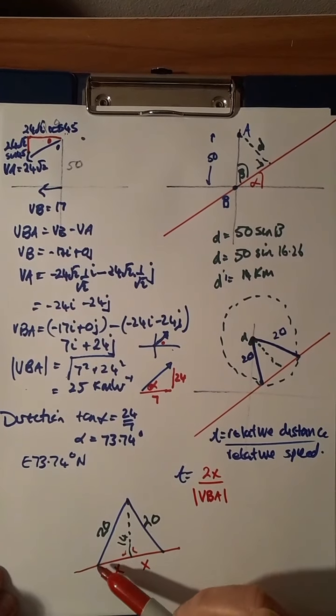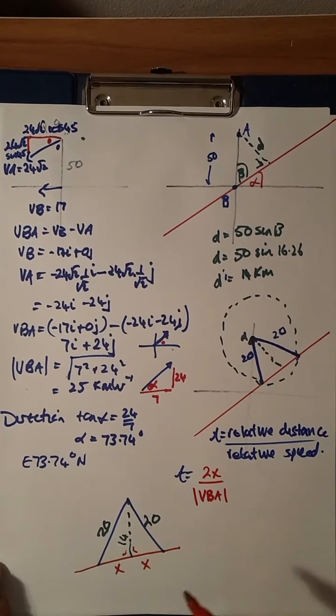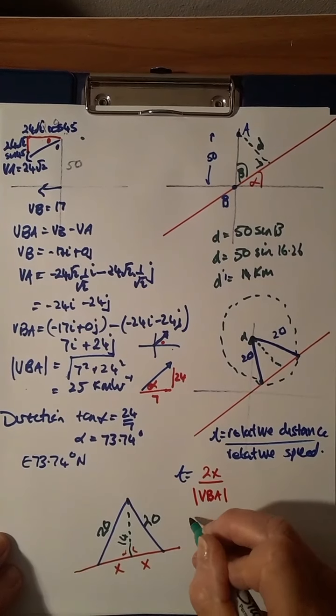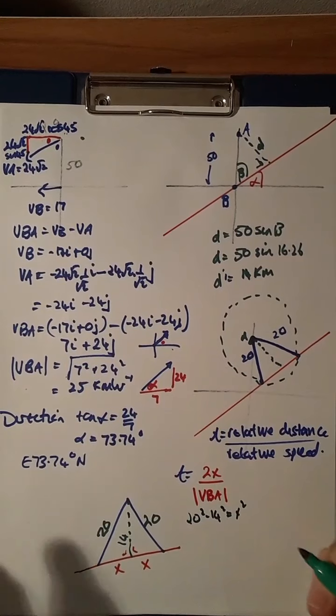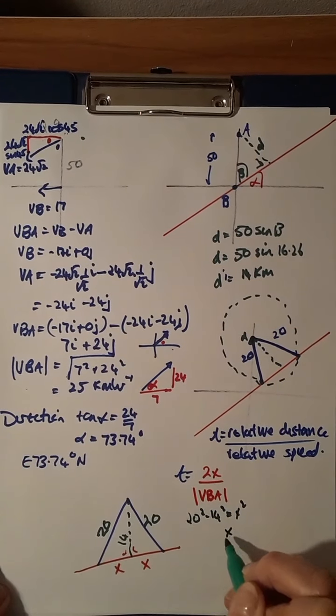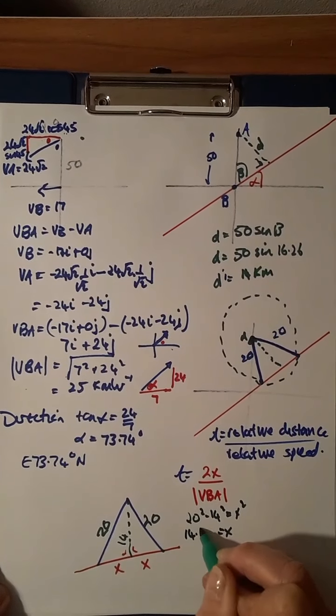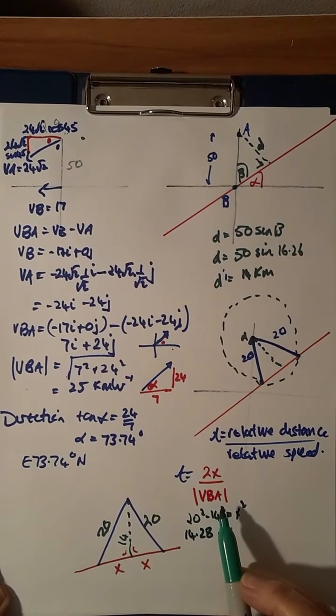If I do a Pythagoras on this here, 20, 14 and x. So to find x I'm going to say 20 squared minus 14 squared is equal to x squared. That's using my Pythagoras theorem. That gives me an x of 14.28. Okay, so 2x, I'll double that and I'll put it in here.